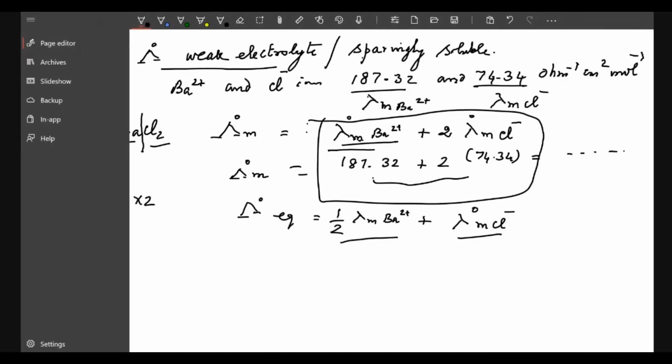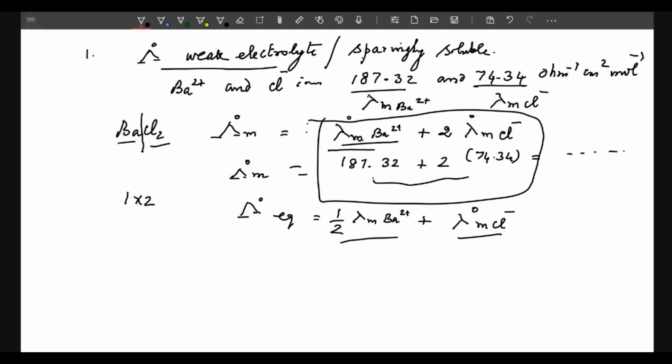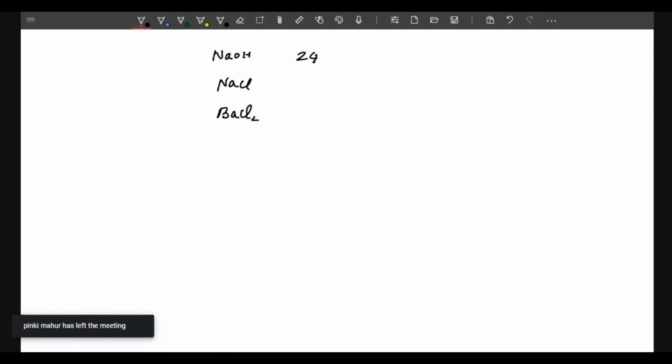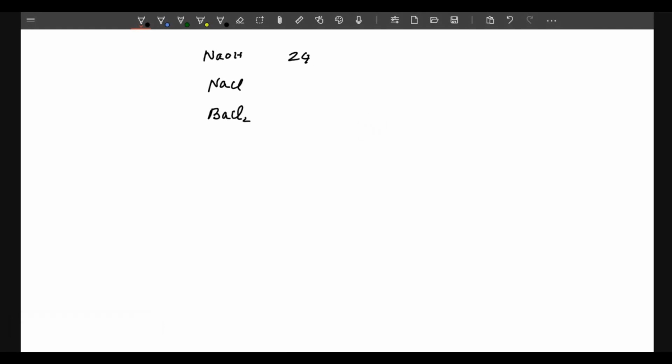For strong electrolytes, sodium hydroxide, sodium chloride, and barium chloride, the molar ionic conductance at infinite dilution are given. Make a note of it.